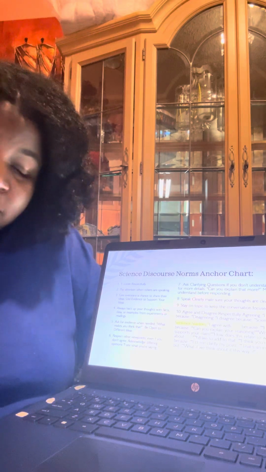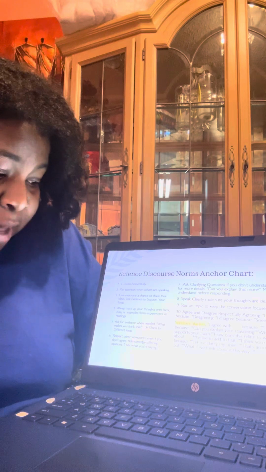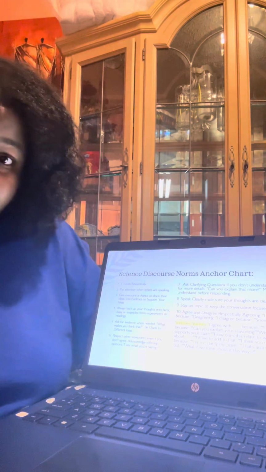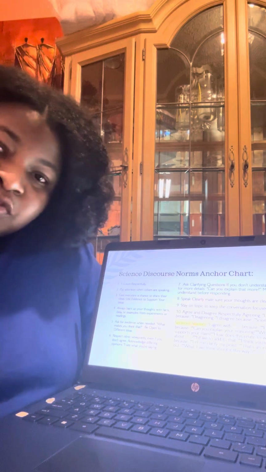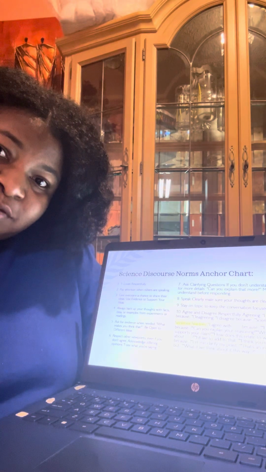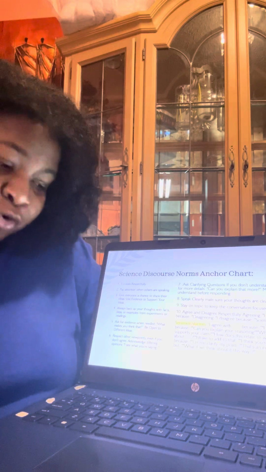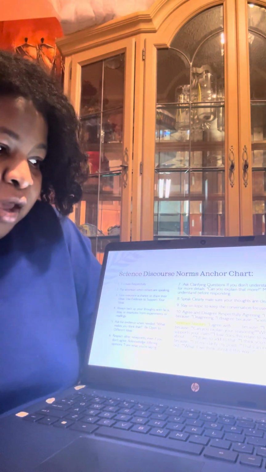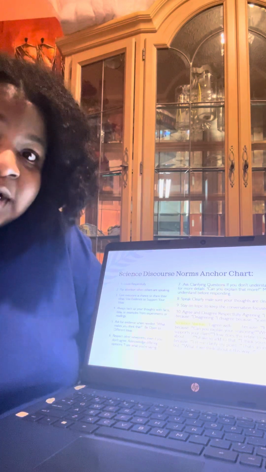We can do different things, like sentence starters, such as what makes you think this happened or this did not happen. As teachers, we should start off the conversation and have open-ended discussions where the students can brainstorm their ideas. Be respectful to each other. Clarify questions. Be clear.